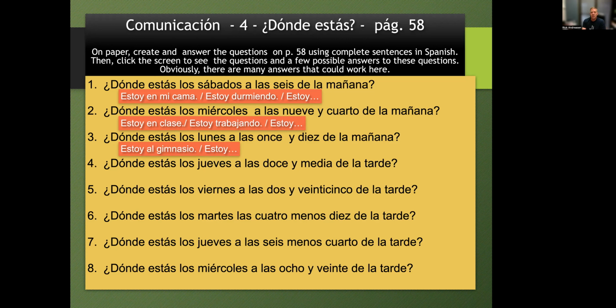Estoy en el gimnasio. Estoy en el trabajo, just wherever you are, right at 11:10 in the morning. Número 4, los jueves a las 12:30 estoy en el médico. Número 5, 6, 7 y 8. So somebody's asking you where, you're going to answer back with the yo form of this estar. So as long as you use the estoy form, then your answers are accurate for you, I'm assuming.